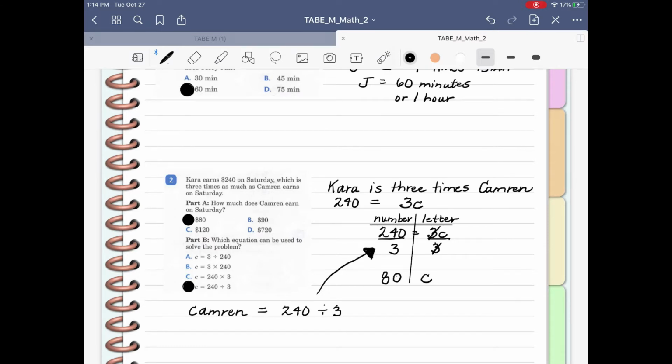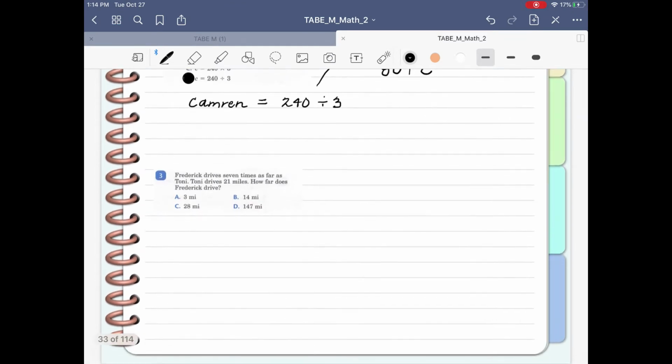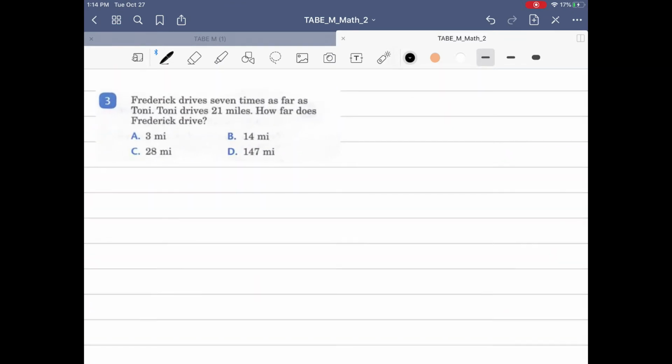Okay, number 3. Whoops, it's down here. Frederick drives 7 times as far as Tony. Tony drives 21 miles. How far does Frederick drive? So they're saying that Frederick is 7 times as far as Tony.